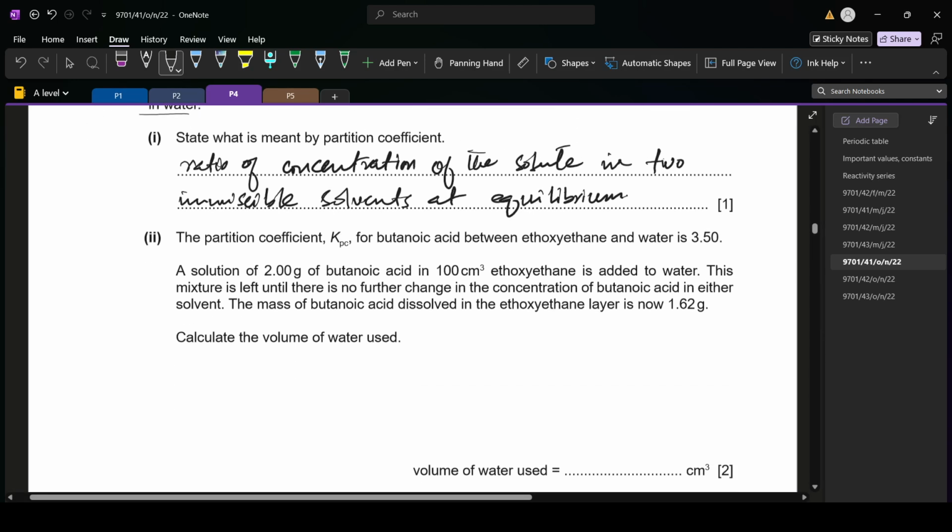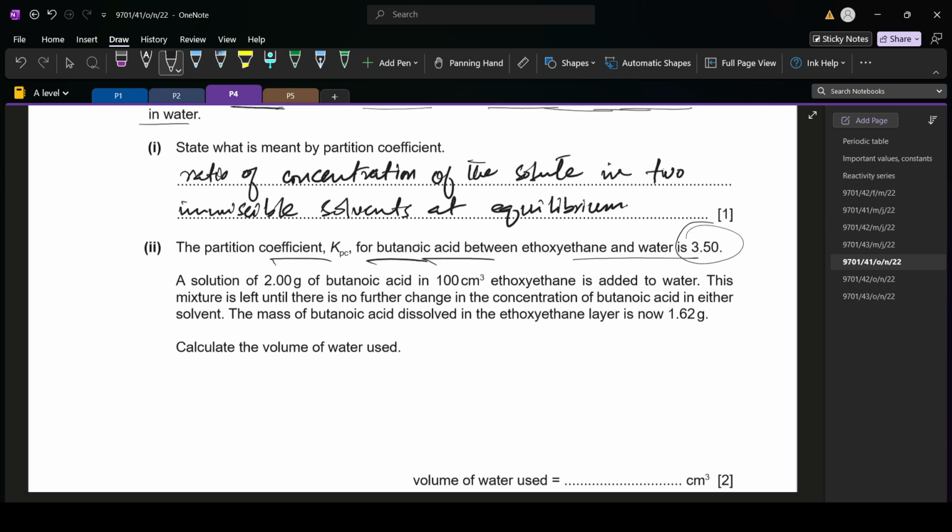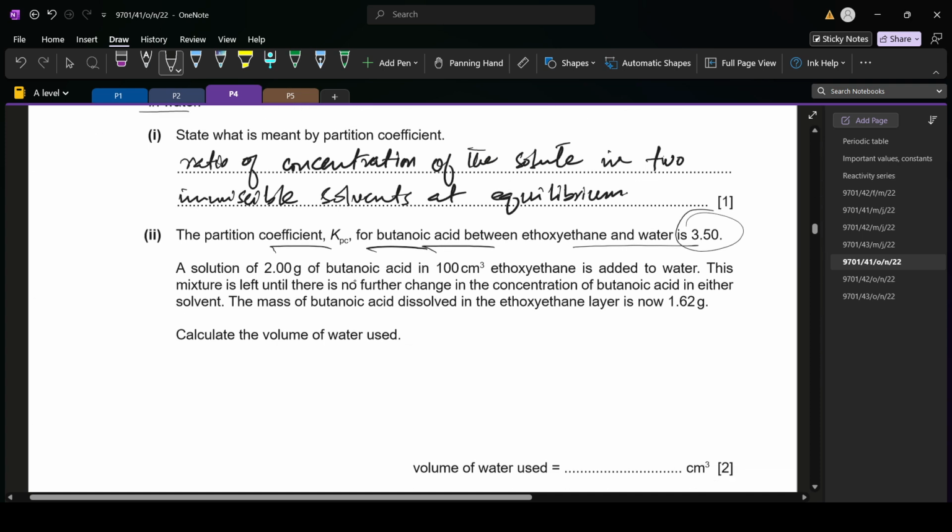Now part 2. The partition coefficient for butanoic acid between ethoxyethane and water is 3.5. A solution of 2 gram of butanoic acid in 100 cm3 of ethoxyethane is added to water. This mixture is left until there is no further change in concentration of butanoic acid in either solvent.